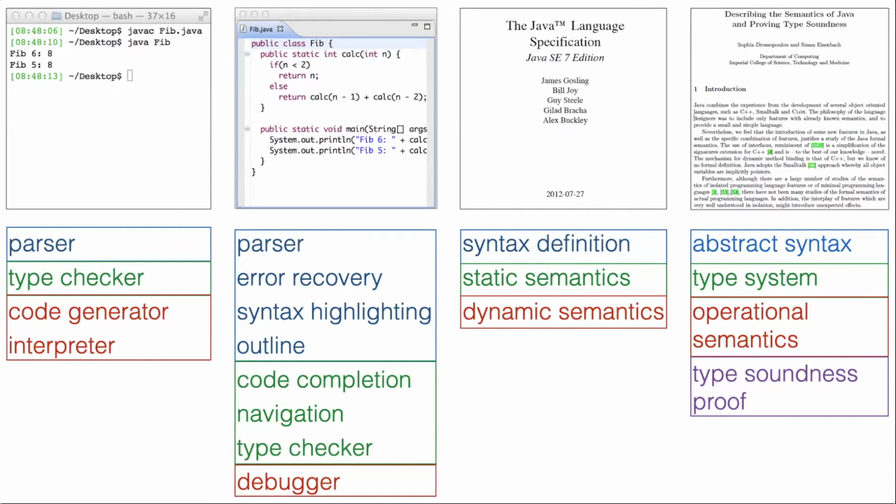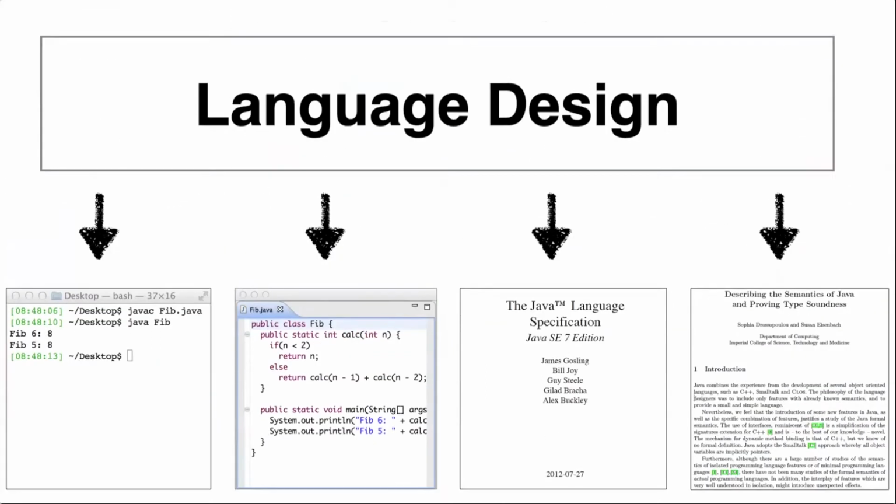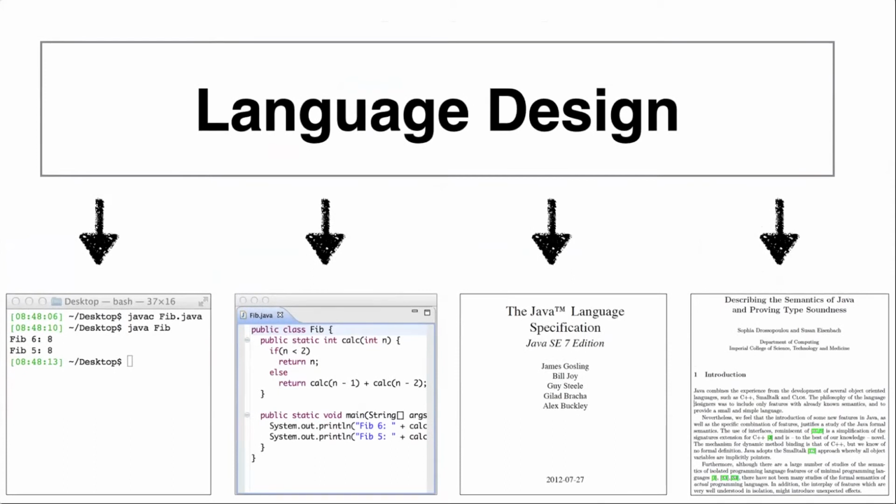Of course all these artifacts should be aligned. But typically, for each of the artifacts, you re-implement type checking or static semantics in a slightly different way. That is a lot of waste and a lot of cost for a language designer in order to turn a language design into a language implementation. So wouldn't it be nice if we could just write a language design and generate those artifacts from a single language design?